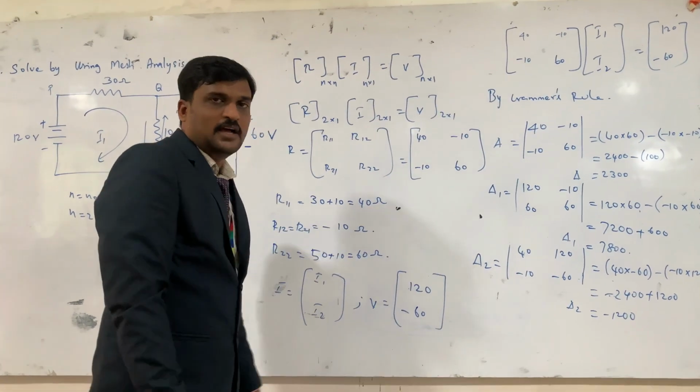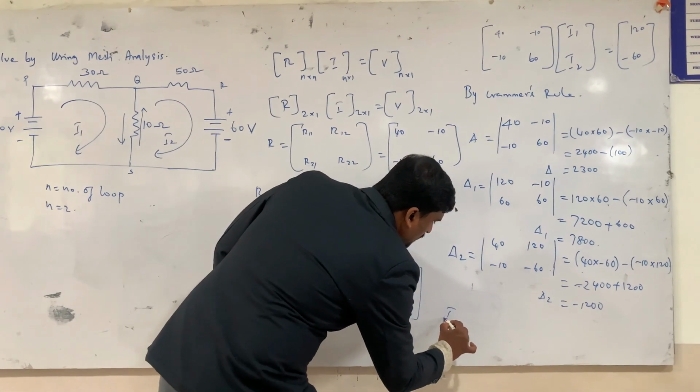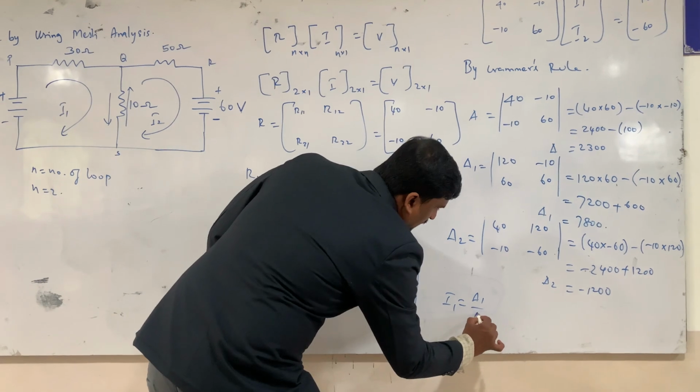Now we will find the loop currents I1 and I2. I1 is equal to del 1 divided by del.